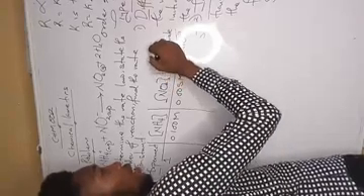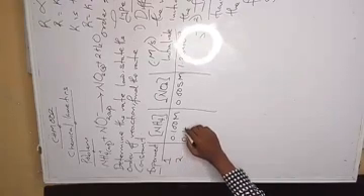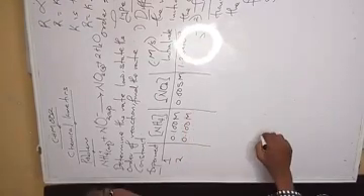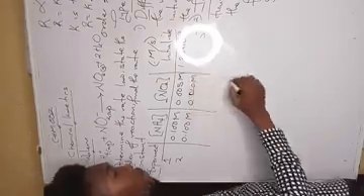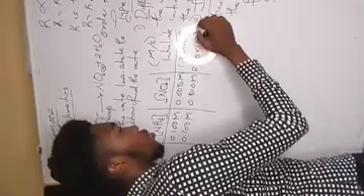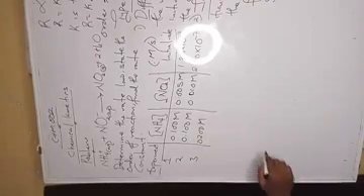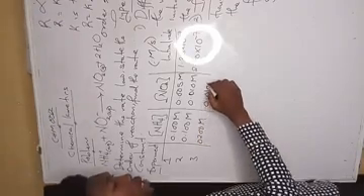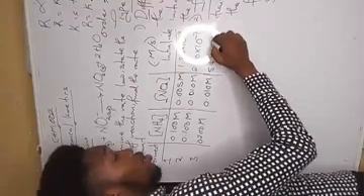Next row: 0.100 M, 0.010 M, and 2.70 times 10 to the power minus 7. Next: 0.200 M, 0.010 M, and 5.4 times 10 to the power minus 7.